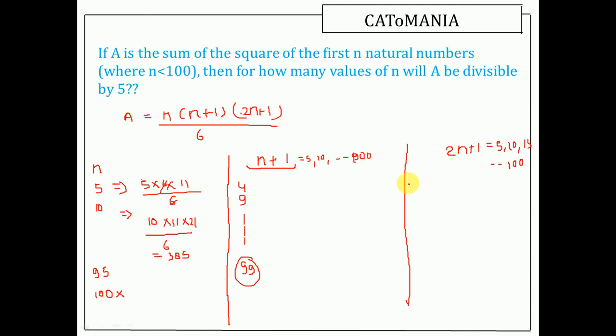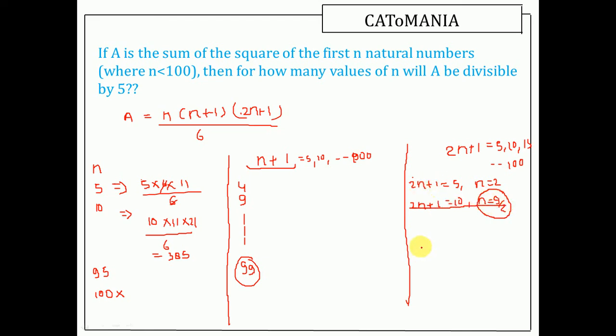Okay, now I will show you two things. What will happen if 2n plus 1 equals 5? Then you can say n is equal to 2. And if 2n plus 1 equals 10, then n is equal to 9 by 2, and this is not a natural number. 9 by 2 is not a natural number, and we have to take only natural numbers. So this is not the case we are looking for.